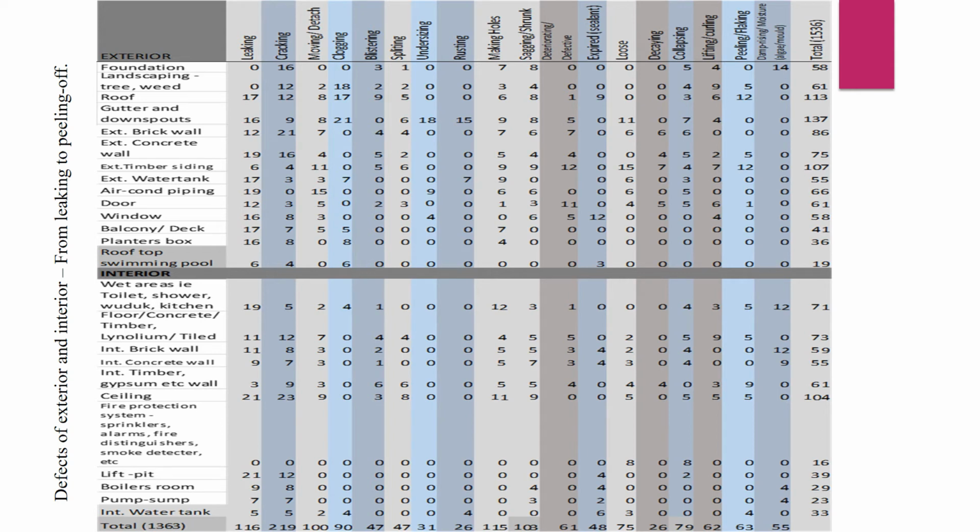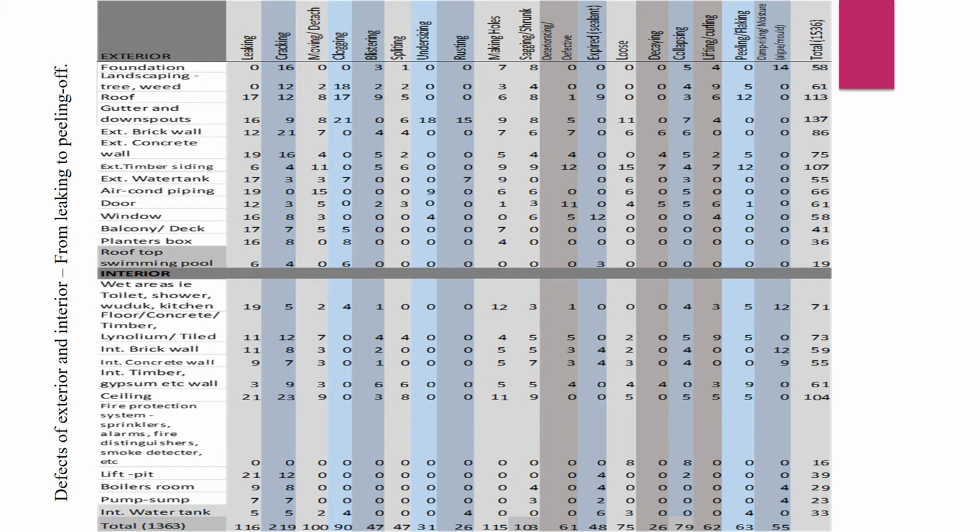Now here we have quite extensive data, involving the exterior and the interior parts of the building. We have come up with statistics verifying what type of leaking is the most common, what type of peeling off, and things like that.